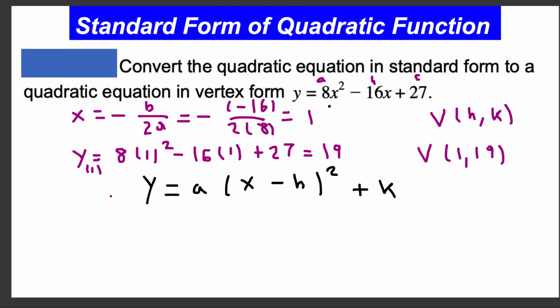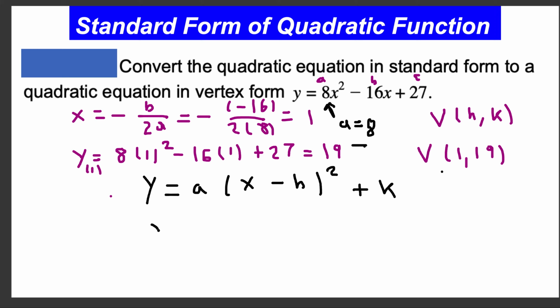Here, the first factor, a, is equal to 8. Whenever we have the leading coefficient in a quadratic equation in standard form, it is the stretching factor or compression factor. So a is equal to 8. Now we have everything: the vertex, h, k, and a.